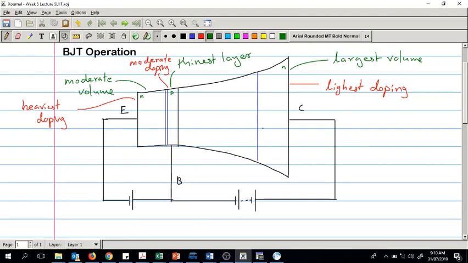Inside, what is the charge you have inside the depletion zone? Yes? What is the charge in the depletion zone? You know about the p-n junction.